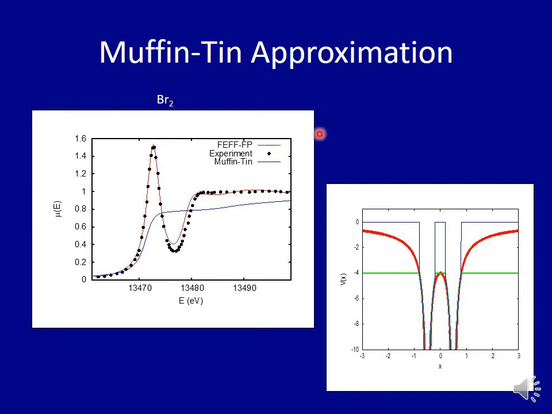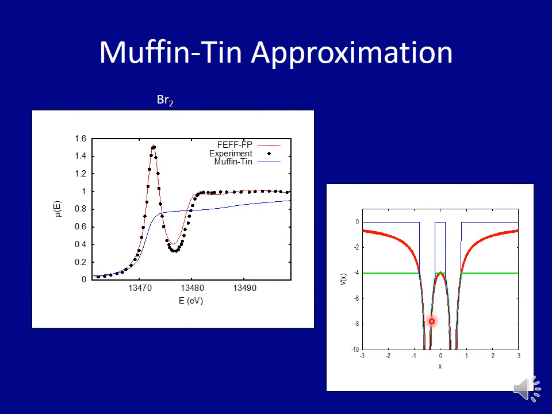Okay, so a very non-symmetric system is Br2, or any diatomic molecule would be an example of that. And in looking at this, what we mean here by not symmetric is that, this is in 2 dimensions, of course.